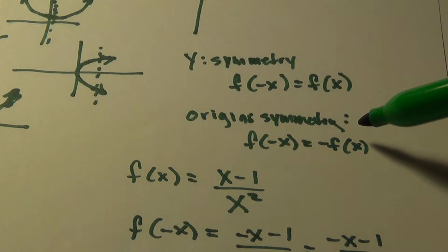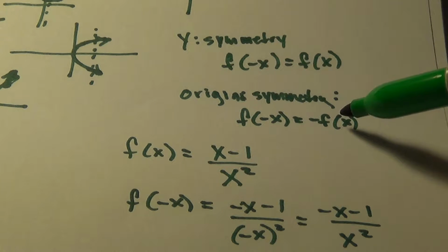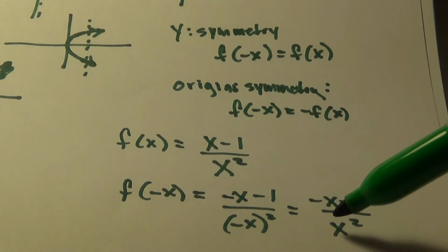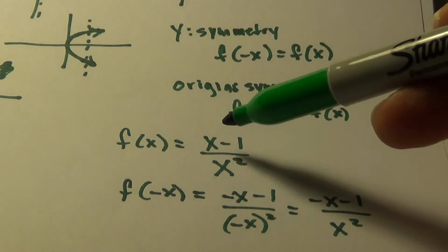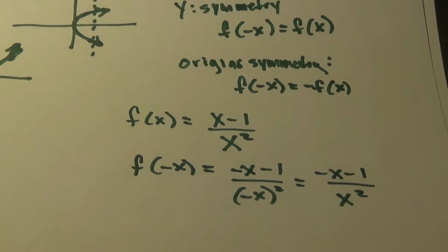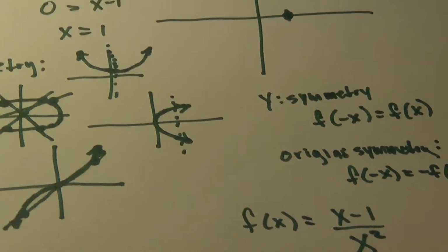Does it have symmetry across the origin? It says it comes out identical except everything's negative. And here, for this to be the complete negative of that, this would have to be negative, which it is, but this would have to be positive, which it is not. So it doesn't have any symmetry. None. When it comes to symmetry, there is none. Alright, so that kind of helps us with our sketch. Let's keep that under our hats and look at the next thing, which is asymptotes.